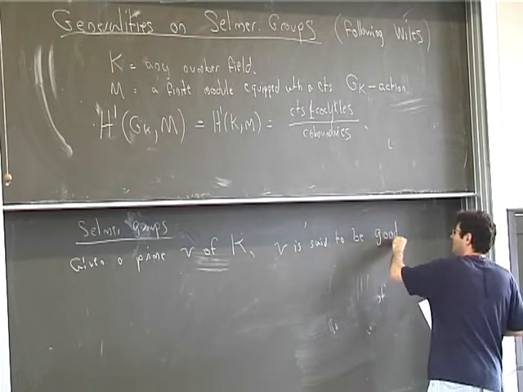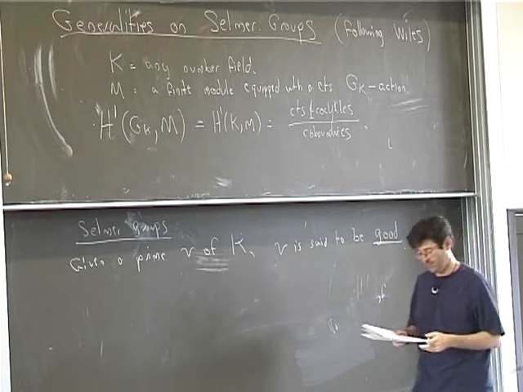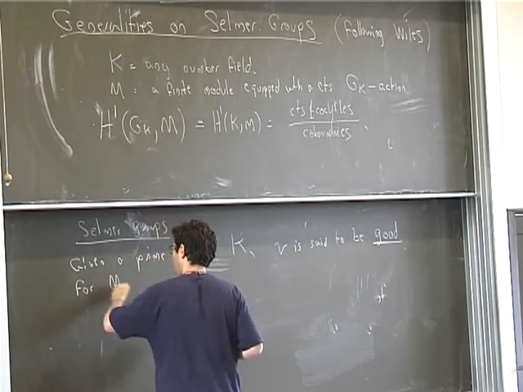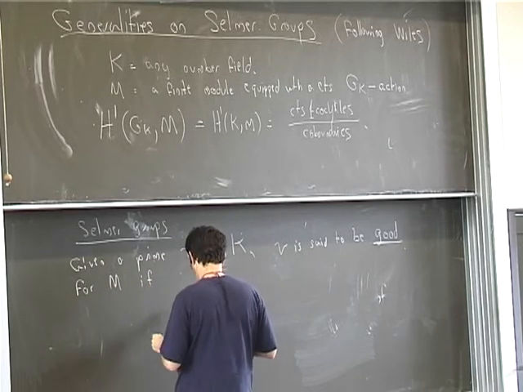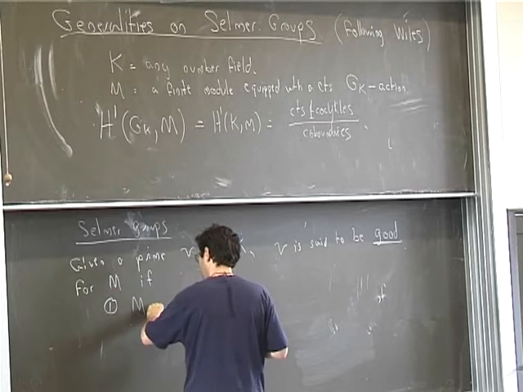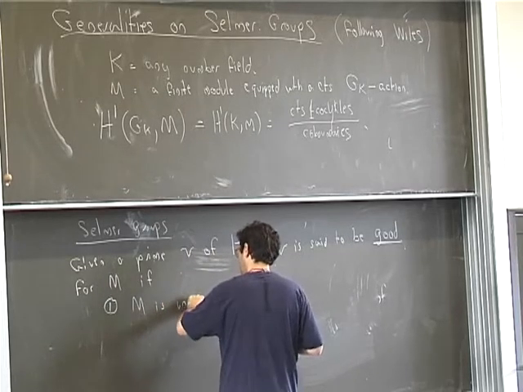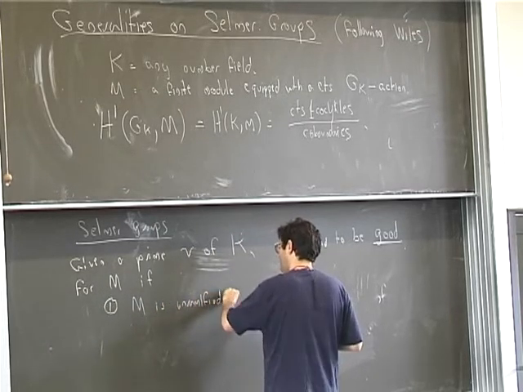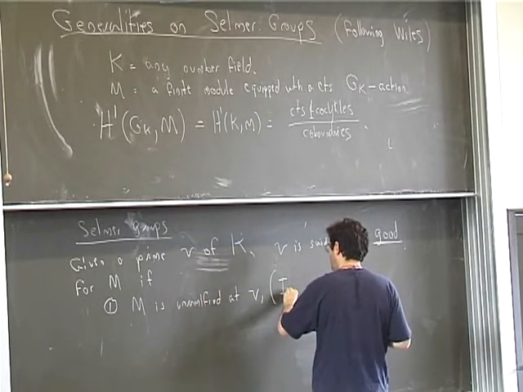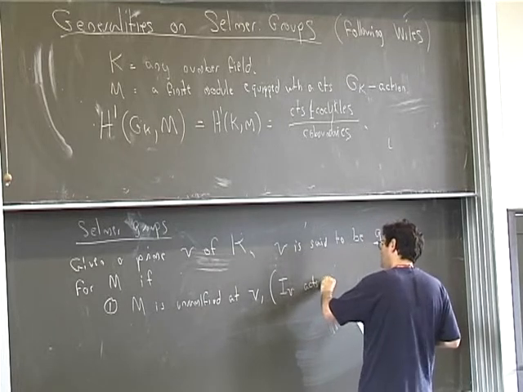This is just a terminology that I'm introducing for the purpose of these definitions. So it's good for M if the following conditions are satisfied. The first condition is that M is unramified at v, namely the inertia group I_v acts trivially on M.